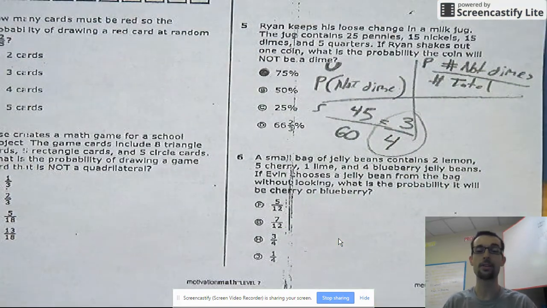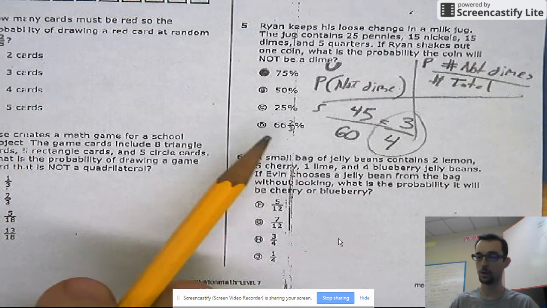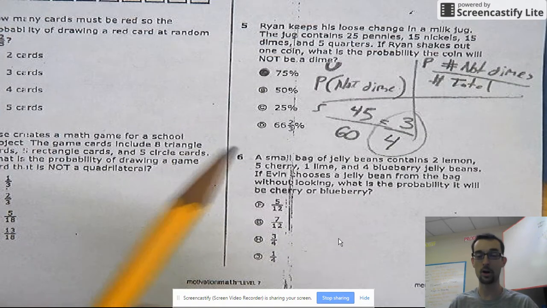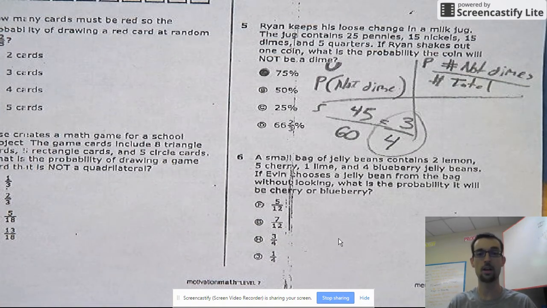The other one I'd recommend is 33%, that's 1/3, and 66% is 2/3, which is right here, answer choice D. Memorize those: 25%, 50%, 75%, 33%, 66%, because you're going to see those a lot, not only on the STAAR, but in real life. Those are very common fractions and very common percentages to know.